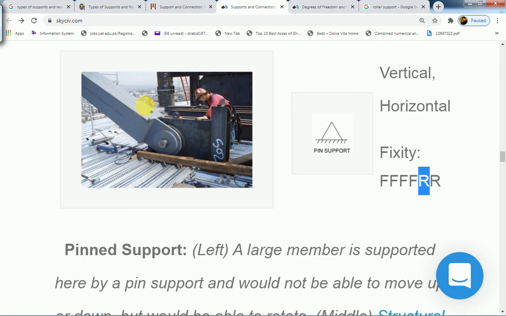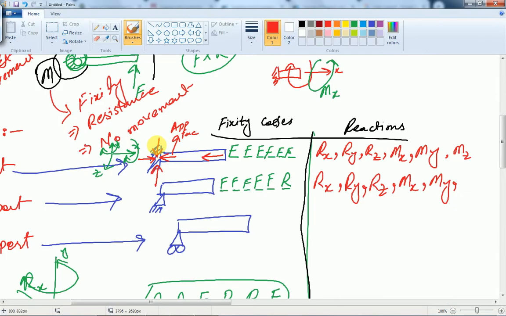As the body is permissible to rotate about z-axis clockwise or anti-clockwise, if a force tries to rotate this body about z-axis, there will be no resistance. So the moment about z will be equal to 0.